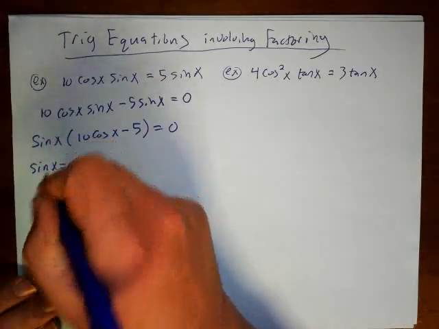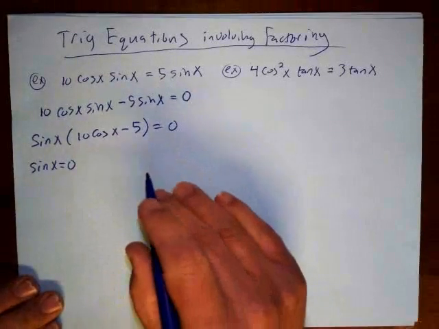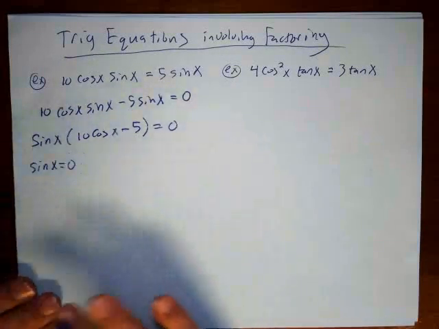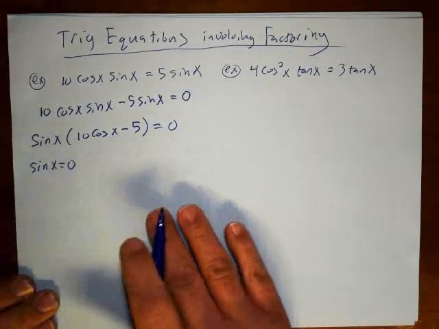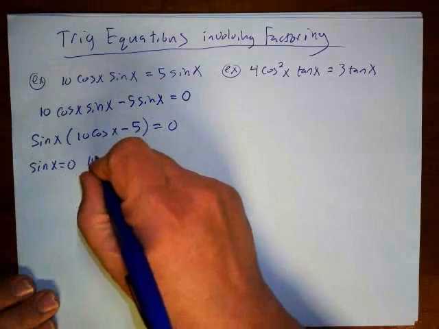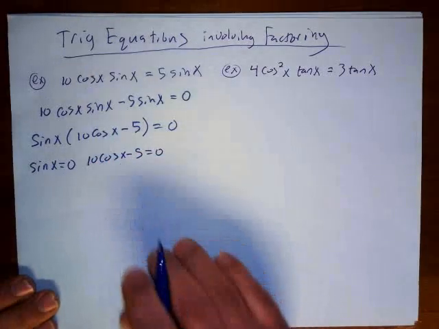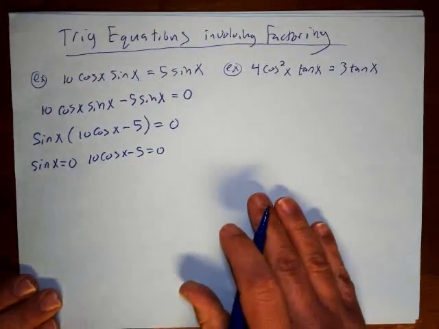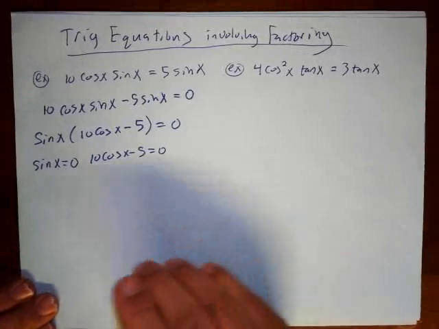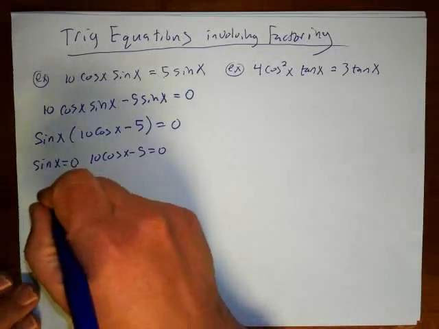So you're setting each factor equal to 0. This is very similar to solving a quadratic equation or even a higher degree polynomial. You're factoring, it's all equal to 0, factoring it apart, setting each factor equal to 0. And the solution to these simpler equations will be a solution to the original equation. Okay, so sine x equal to 0, that one's pretty straightforward.